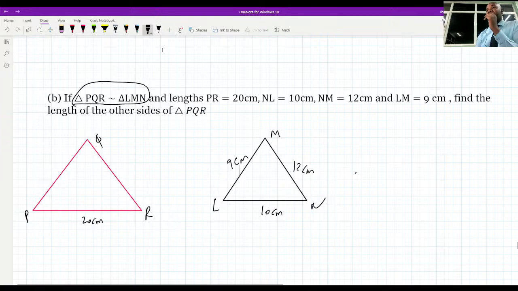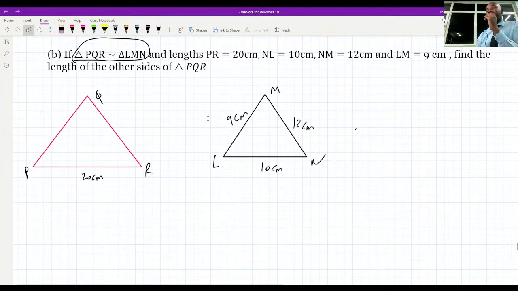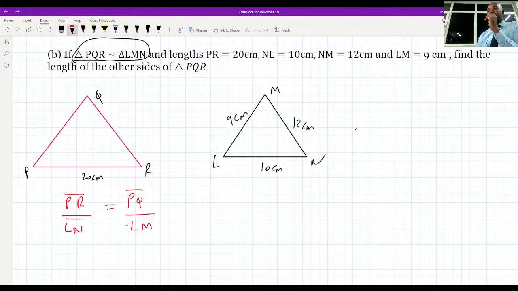So by using similarity theorem, we know that the ratio of corresponding sides are equal. And in this case, we're going to say that PR over LN is equal to PQ over LM. So putting the details, we see that PR is 20 centimeter divided by LN, that is 10 centimeter.